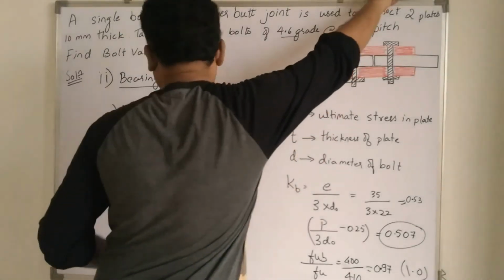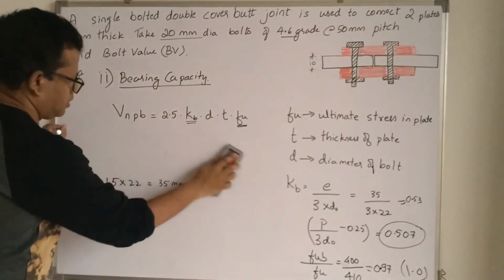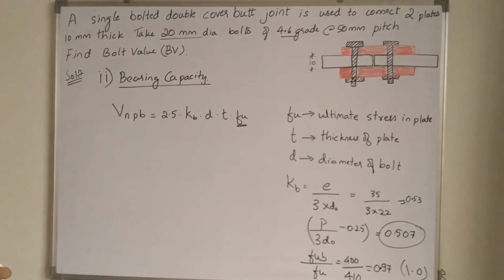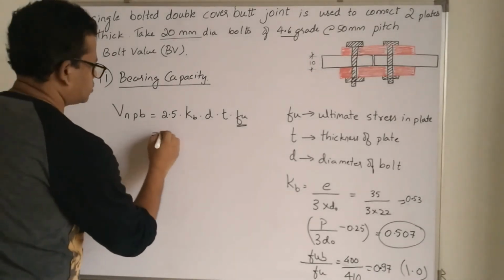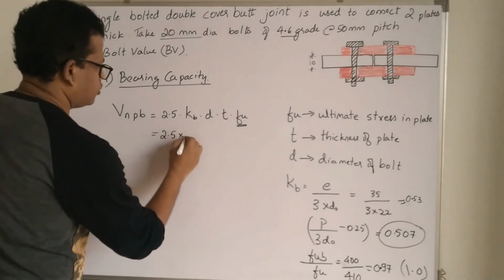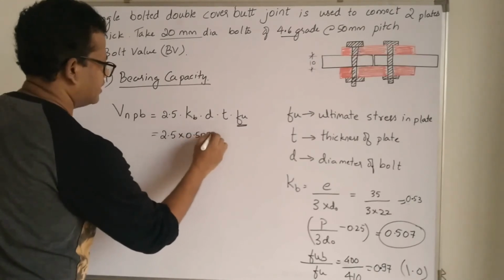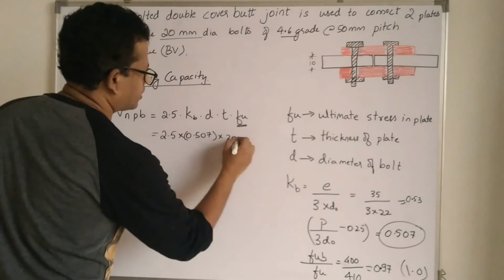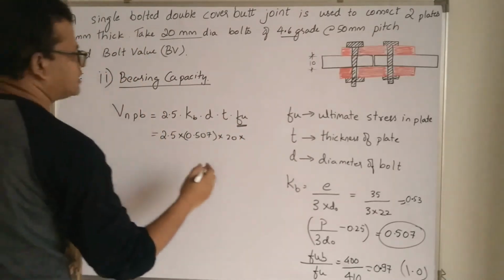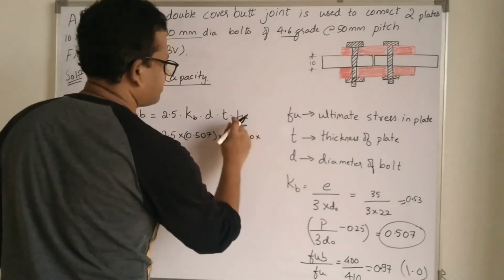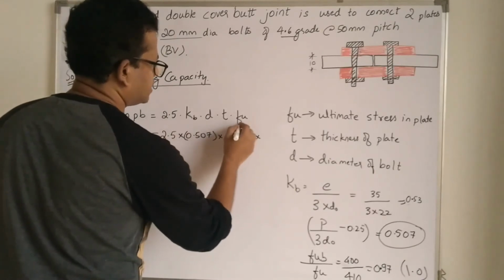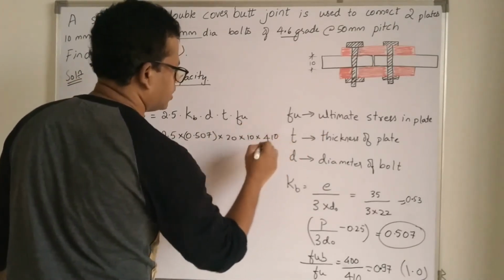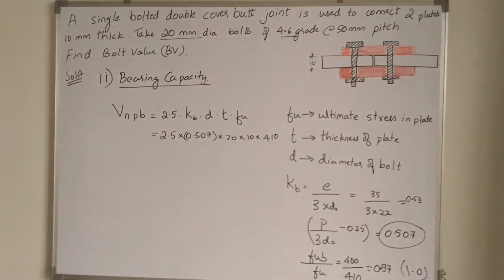Let me take this. So it is 2.5 into 0.507 multiplied by diameter 20 multiplied by thickness 10 multiplied by Fu, which is the ultimate stress of plate. I told you the value is to be taken as 410.